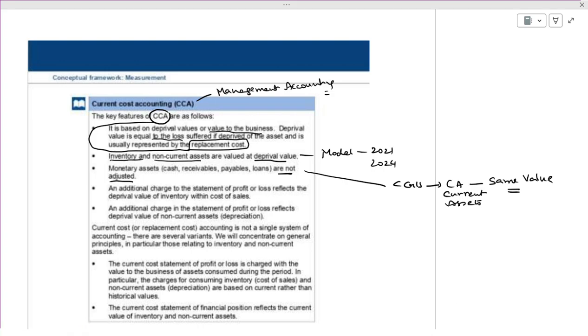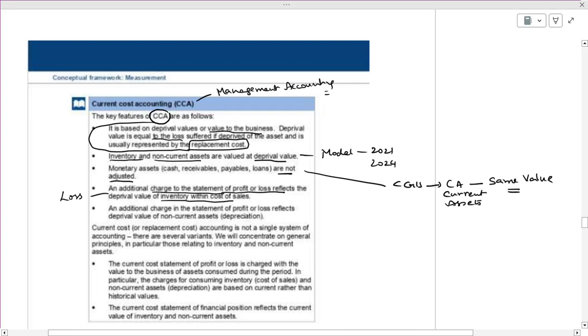Any additional charge to the profit and loss account reflects the deprival value of inventory within cost of sales, meaning anything with respect to loss in value. If it is any loss in value, then we have to identify it within cost of sales.